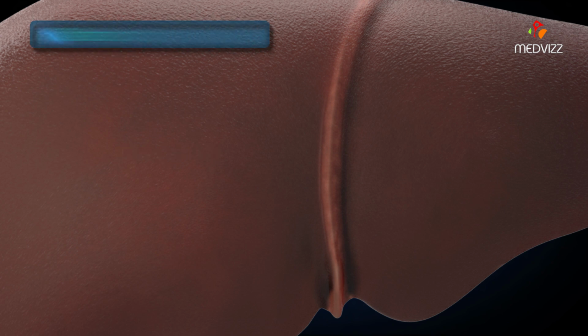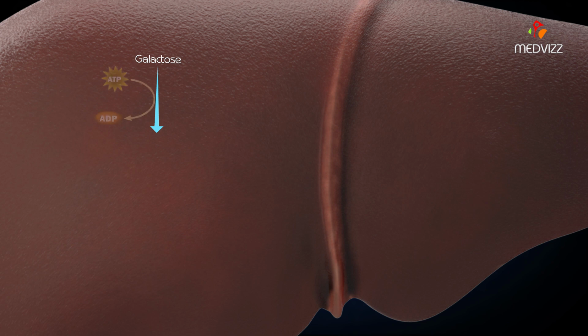If we talk about the metabolic reactions of galactose in the cytosol, at first galactose is phosphorylated by utilizing an ATP to form galactose 1-phosphate in the presence of an enzyme called galactokinase.